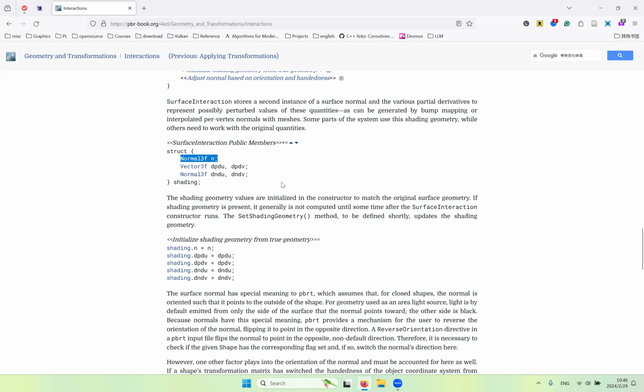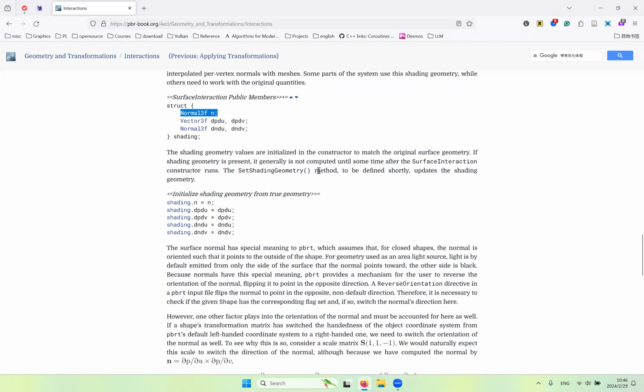Well, here the dn/du looks like it's the partial derivative of it. Yeah, those are partials. I was more confused about this. Why do they need to store the normal again?